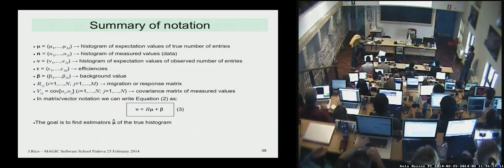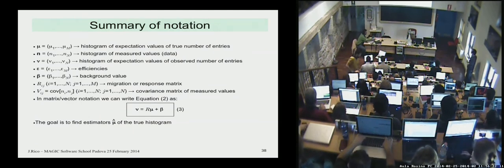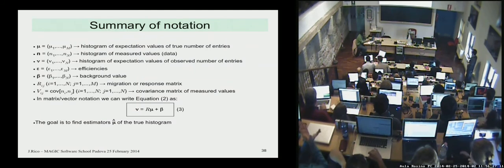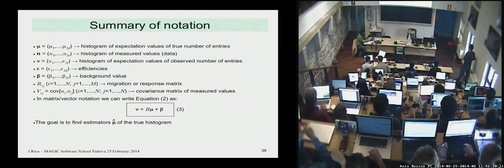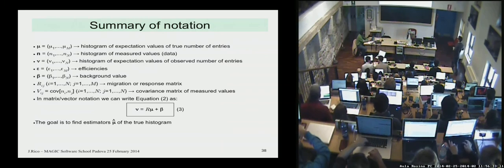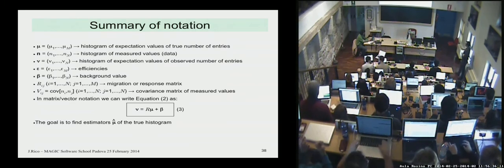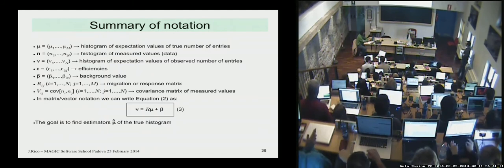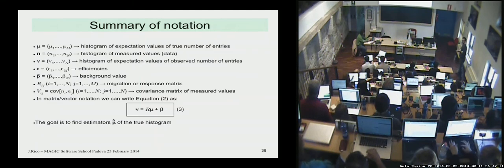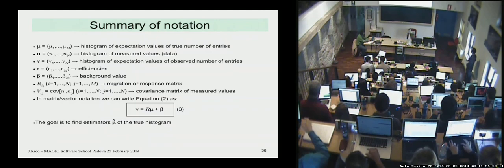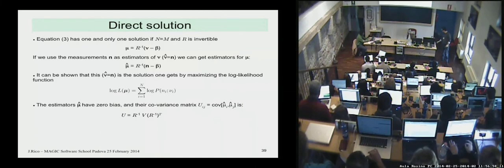Then we have efficiency and background, which we won't use very much, the migration matrix, and the covariance matrix, which will be represented by V, that we need to use to solve this. So this is the previous equation in matrix-vector notation. The equation we want to solve is this one: the vector nu is equal to the matrix R times the vector mu plus the vector beta. And the goal here is to find estimators for mu, which is the true histogram we want to recover.